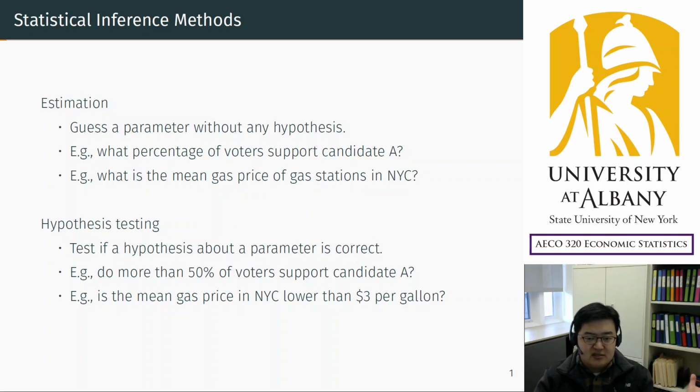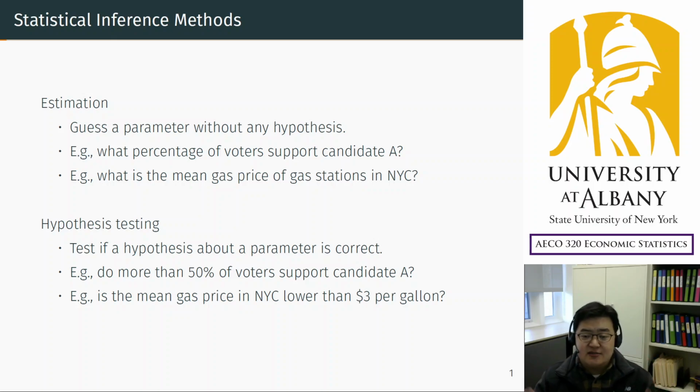So the hypothesis is formed without data, and we are comparing the hypothesis with the data and see if the hypothesis is consistent with the observations. So examples are like this. Do more than 50% of voters support the candidate? Or is the mean gas price lower than $3 per gallon?